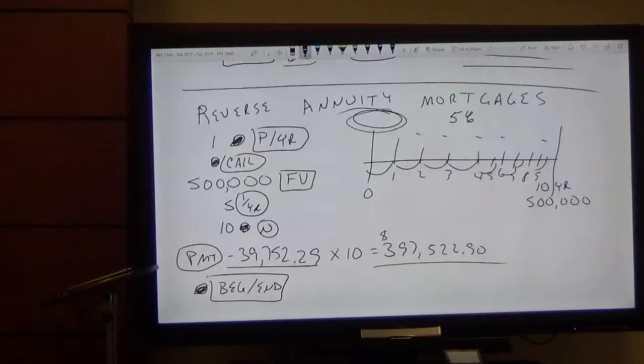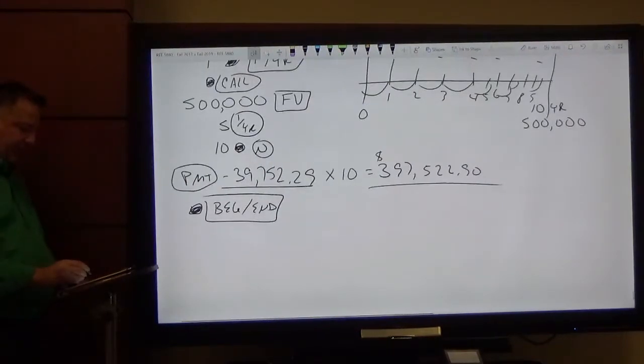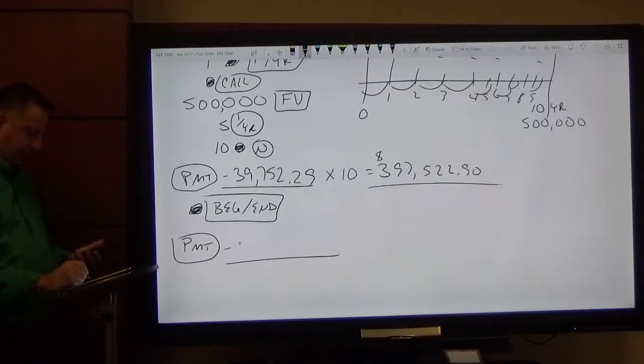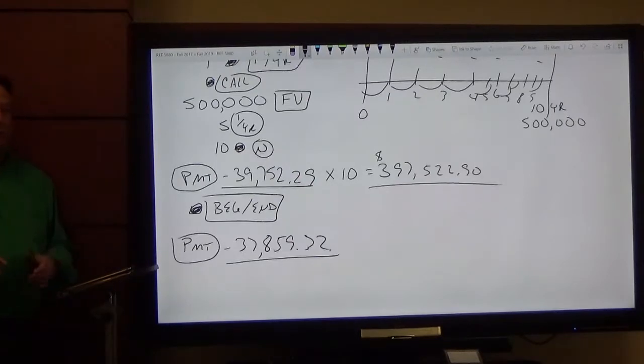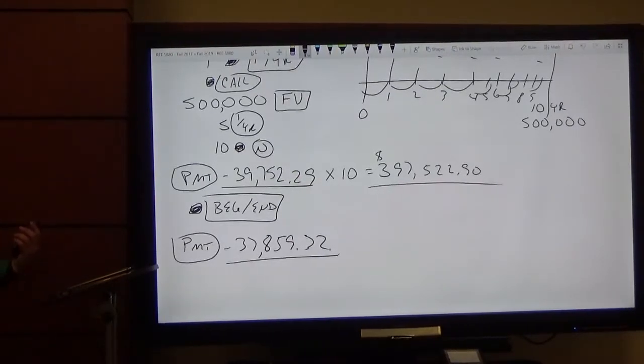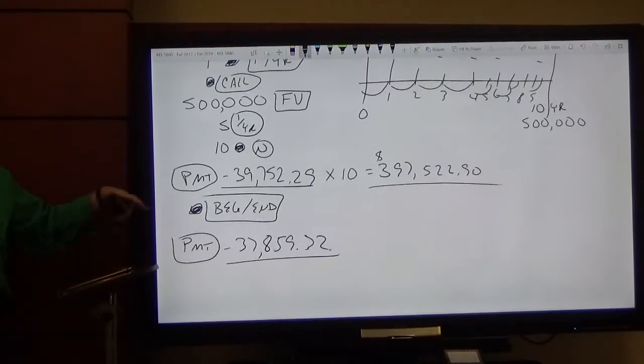What you can do is hit the shift begin end key right after you've done that, and then re-hit the payment key, and you should get 37,859.32. And so what that's saying is, in essence, your payment is actually going to be a little bit less than you thought it was, but you're also receiving that payment, in essence, a full year before what we'd anticipated receiving it here. Okay, does that make sense?